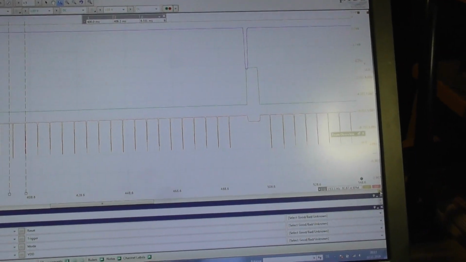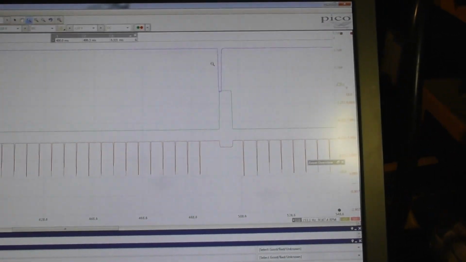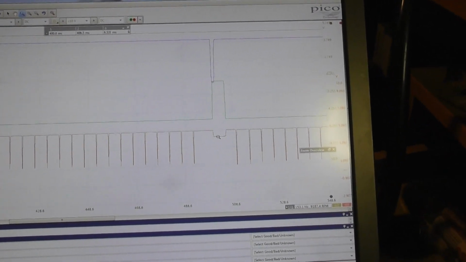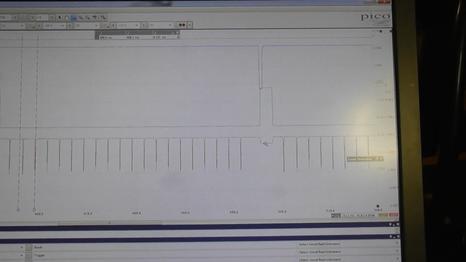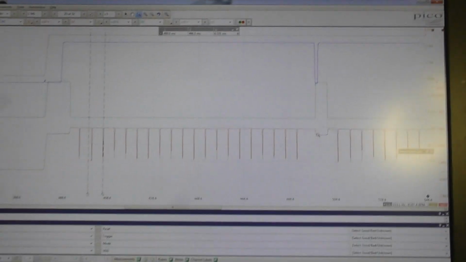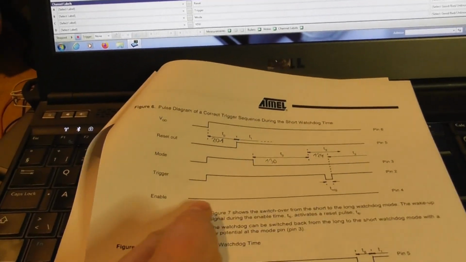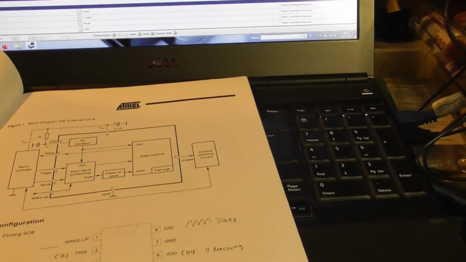Now scroll further. Here the next reset event happens. Why? Let's check if the enable output goes high, like it's described here on pin 3.